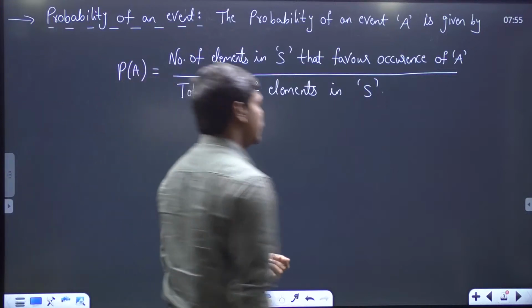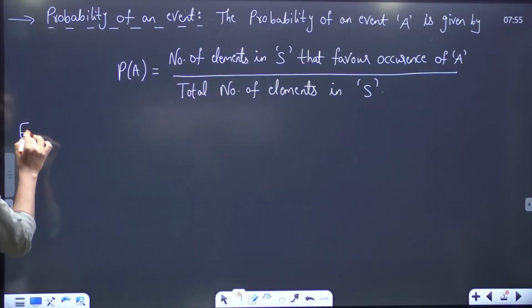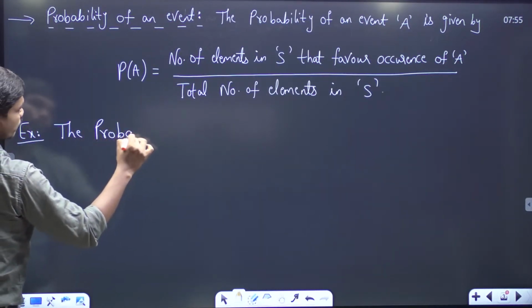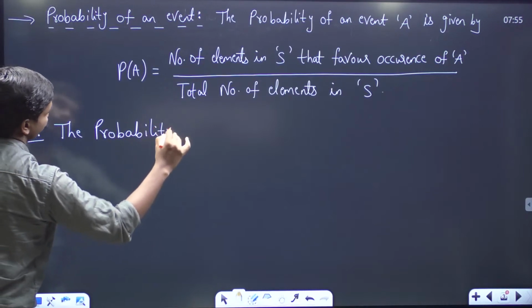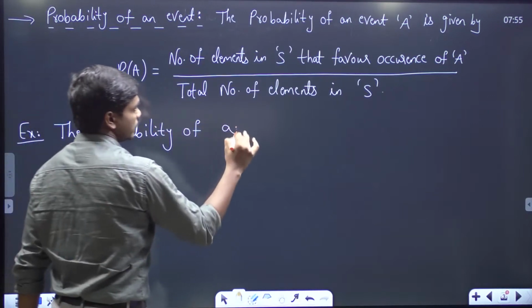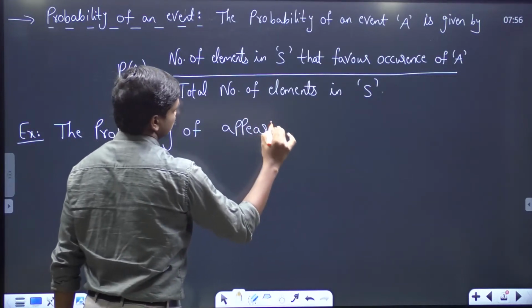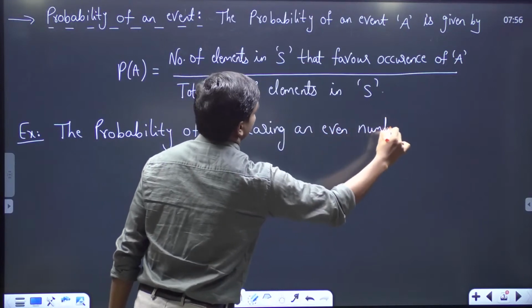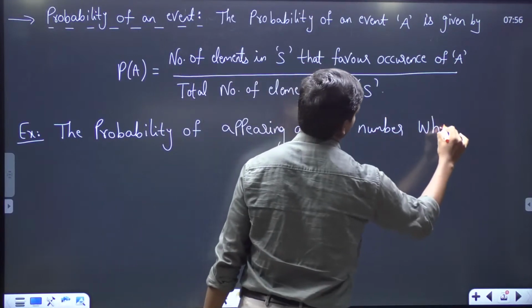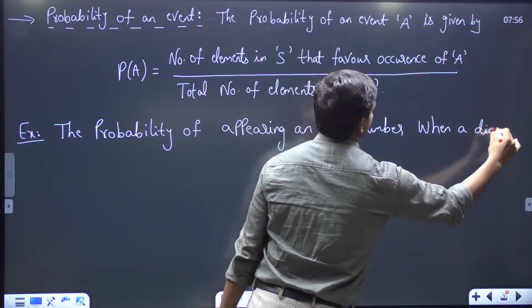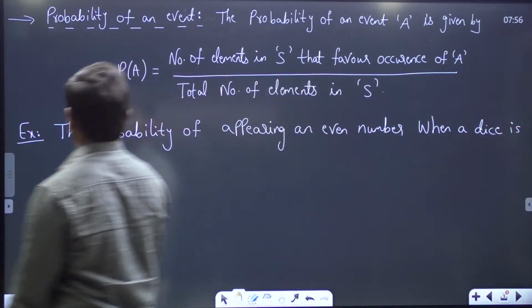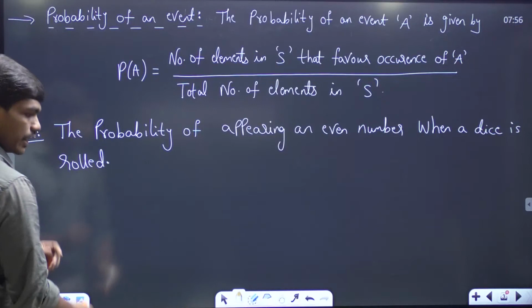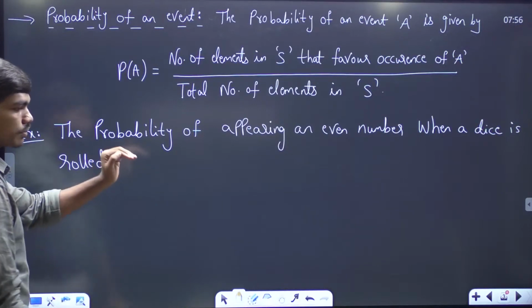For example, if I ask you the probability of appearing an even number when a dice is rolled, the numerator is basically the event, and the denominator is the total sample space.